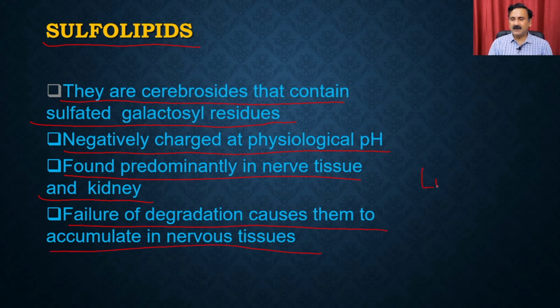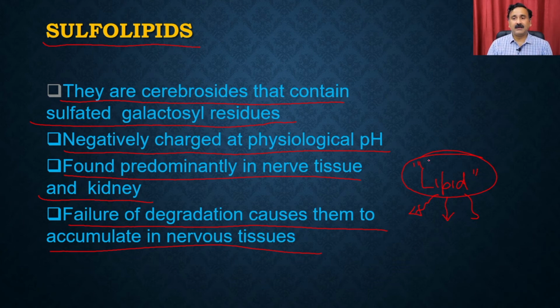So lipid is digested or metabolized by different types of pathways. If that doesn't happen, then the lipid is going to be stored in different types of organs, for example the nervous tissues, liver, and all other kinds of tissues.